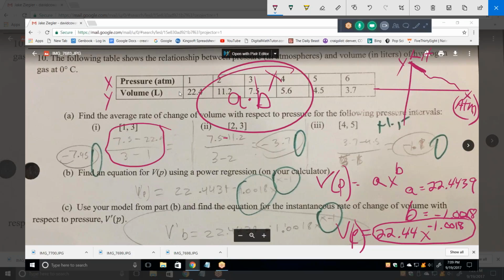But for a power regression, the X is not in the exponent. It is on the algebra line, is what I always say. All right, so that's how you got it.